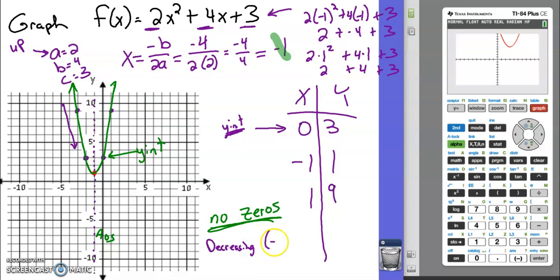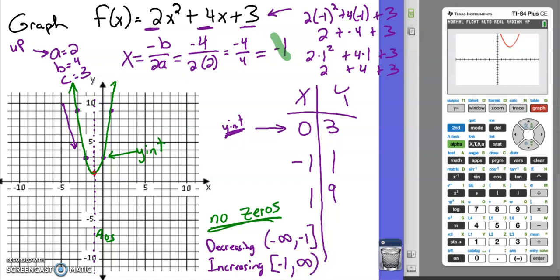It's decreasing from negative infinity all the way until you get to the vertex at x equals negative 1. And it's also increasing. It changes directions at the vertex. All the way to infinity, positive infinity.